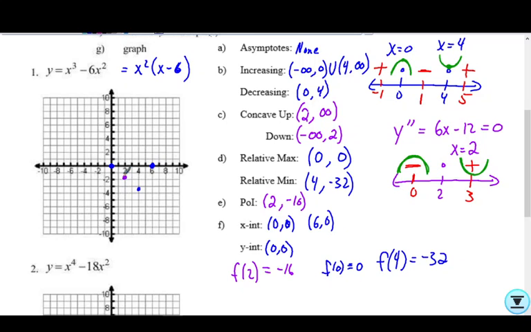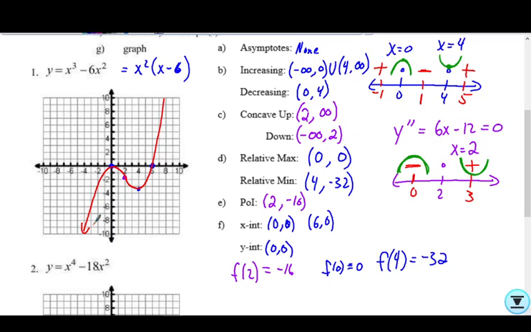Now it's a cubic, and I know how it looks from my concavity. On this side of 2 it's down, on this side of 2 it is up. So you can see here, this is my cupping up, so this part looks like this. On this part it cups down from my concavity. And that's the way my function looks.